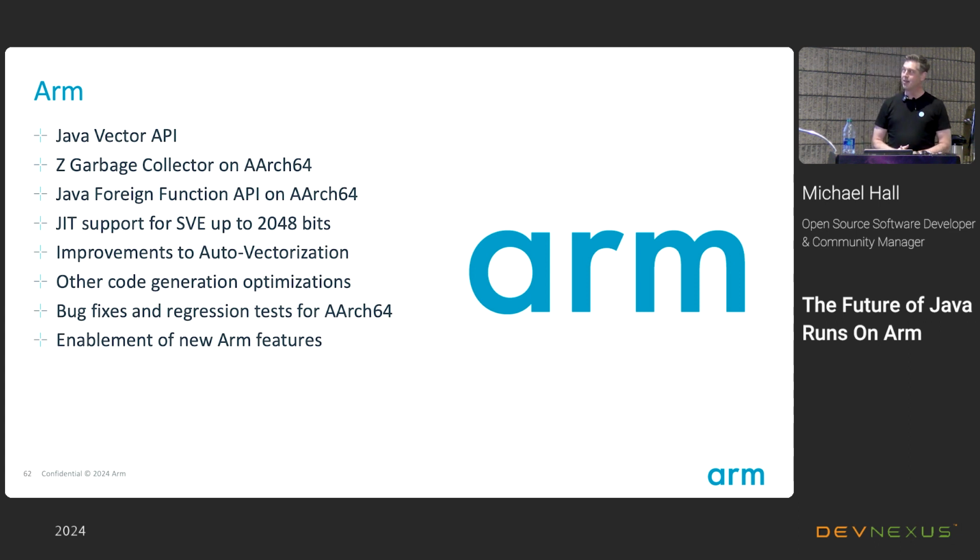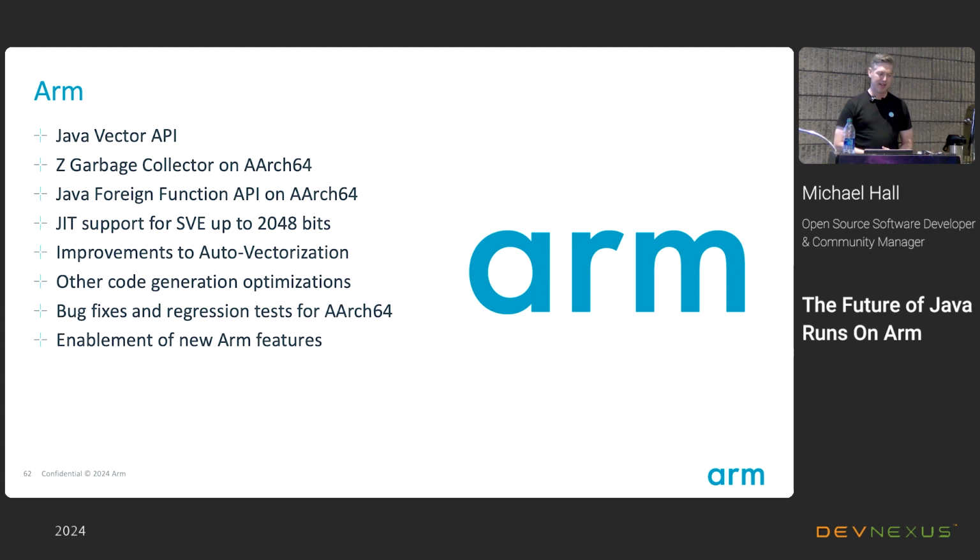And then we added JIT support for SVE extensions up to that maximum 2048 bits. Some improvements to HotSpot's auto-vectorization, various other code generation optimizations, and then just bug fixes and making sure that there's regression tests for AArch64 and that those are all passing.